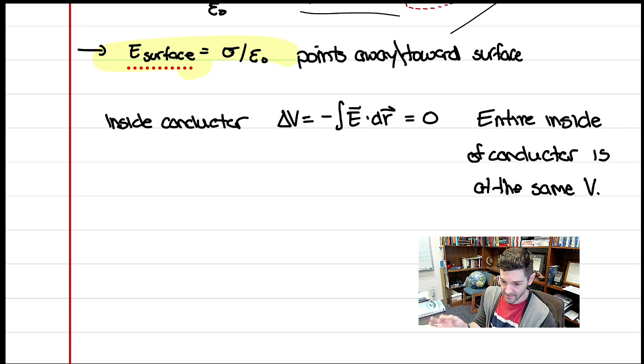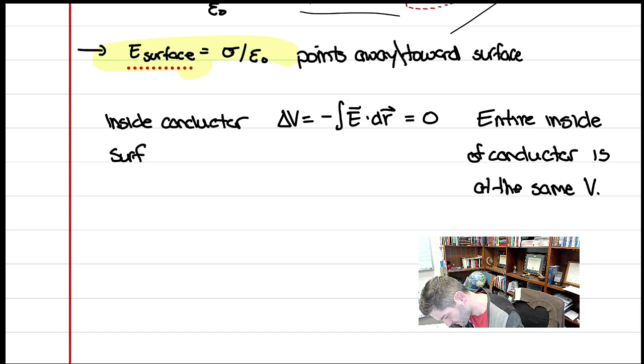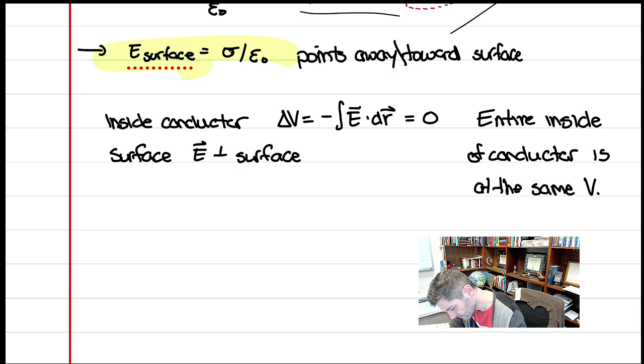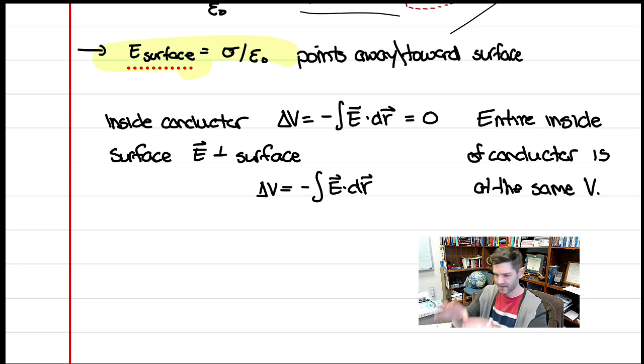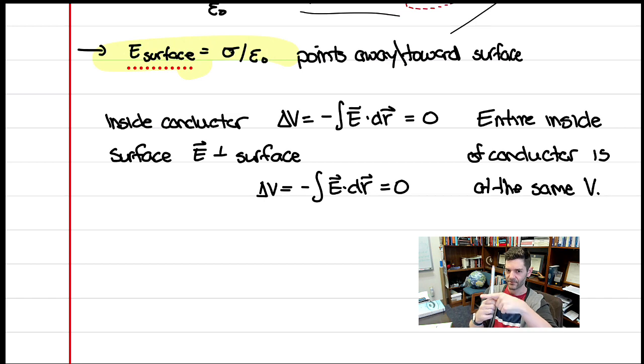But we can also say something about the surface. On the surface, E is perpendicular to the surface. So if I were to calculate some delta V along the surface, which means I pick 2 points on the surface and I move from one point to another, but I'm always along the surface the entire time, then that also has to be 0, because E is always perpendicular to whatever direction you're moving.